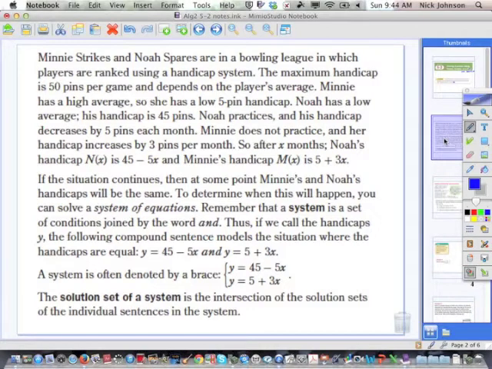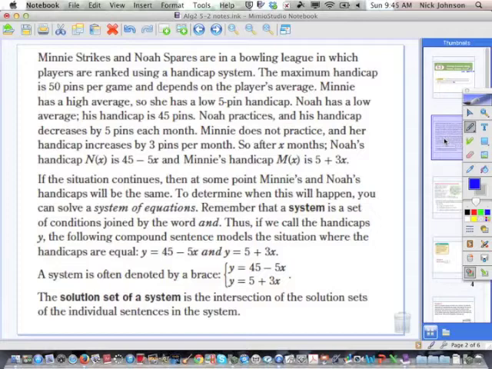Noah has a low average, and his handicap is 45 pins. Noah practices, and his handicap decreases by 5 pins each month. Minnie does not practice, and her handicap increases by 3 pins per month. So after x months, Noah's handicap is 45 minus 5x, and Minnie's handicap, m of x, is 5 plus 3x.